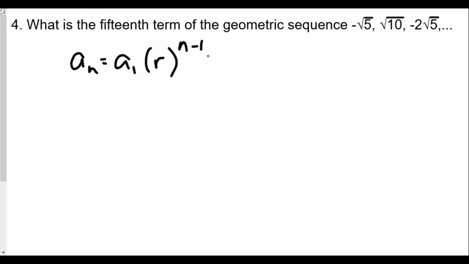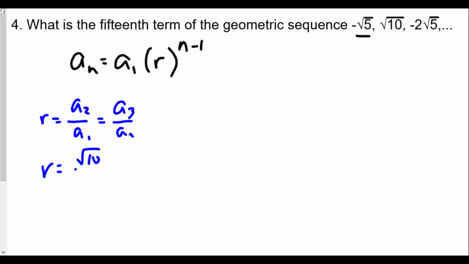Here, we know a1 is negative square root of 5. To find the common ratio, our r value, we take the second term divided by the first term, which is equal to the third term divided by the second term. Therefore, we take the square root of 10 over negative square root of 5.